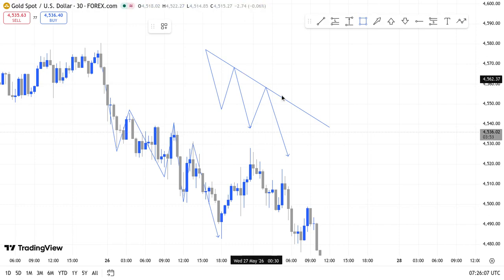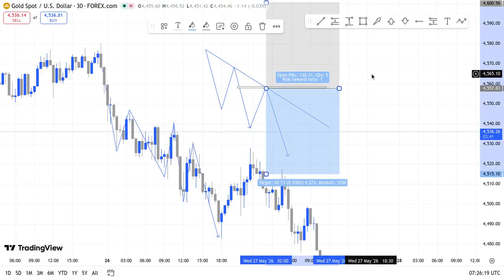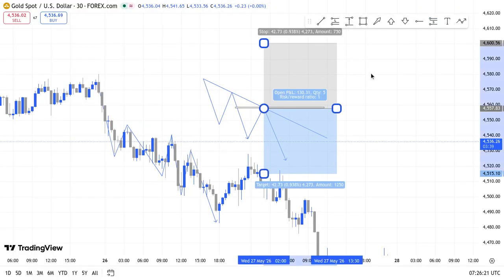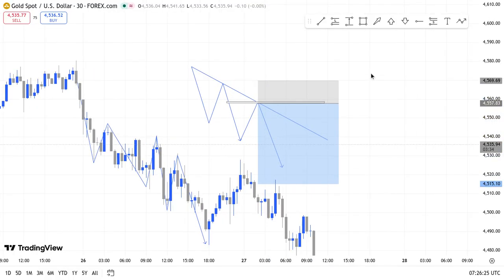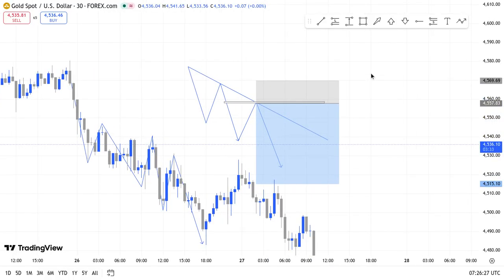After marking this place, you mark it very well, even the stop loss zone, and our orders could be triggered from there. That's how you can trade lower highs and lower lows.